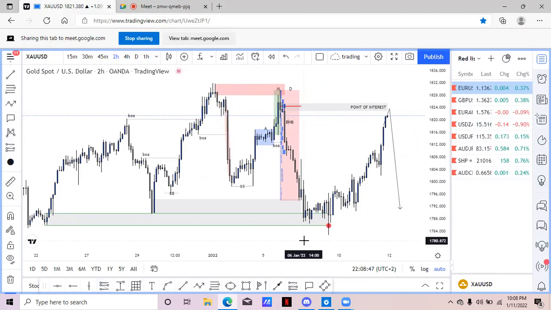Most of the time, whenever you're trying to take entries on an order block that has already been mitigated, that's what happens.